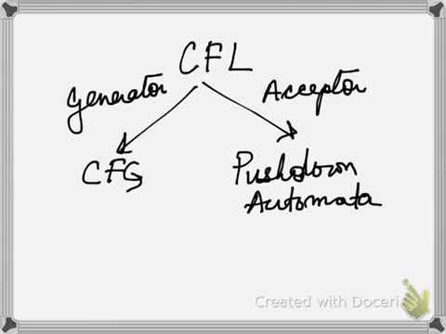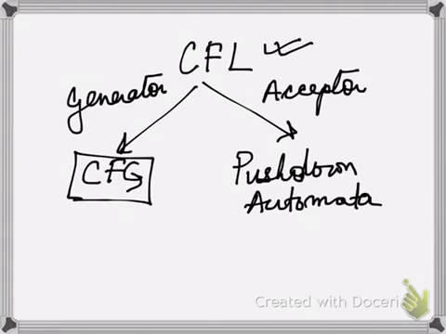When we look at parsing, we will be given a context-free grammar, and then we have to check whether the string of tokens that we are getting from the scanner belongs to that particular language or not.